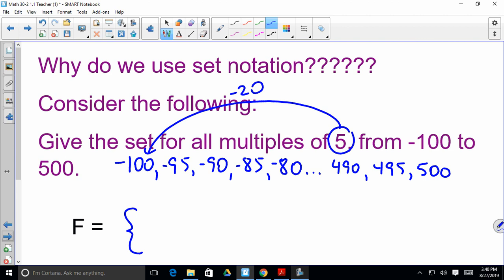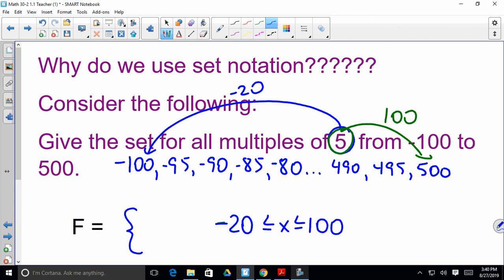Minus 20, I think. Now, what do you multiply 5 by to get 500? 100, I hope. So we're looking for all the numbers from minus 20 to 100 for x.